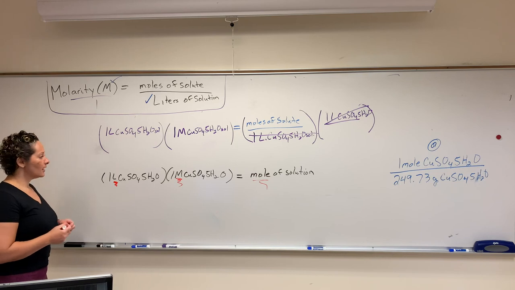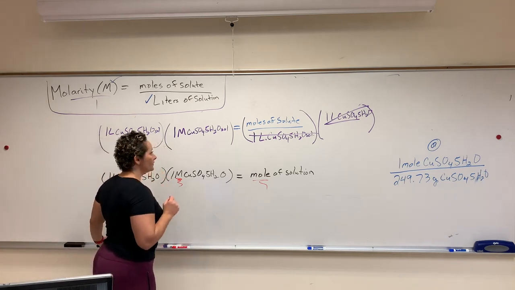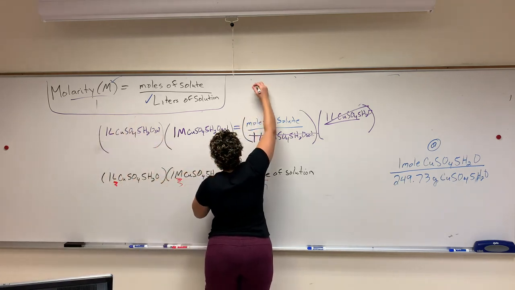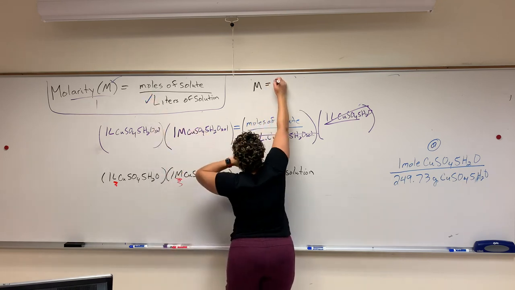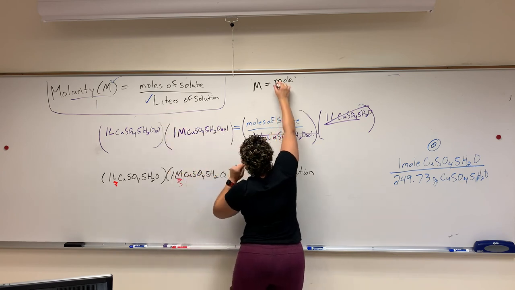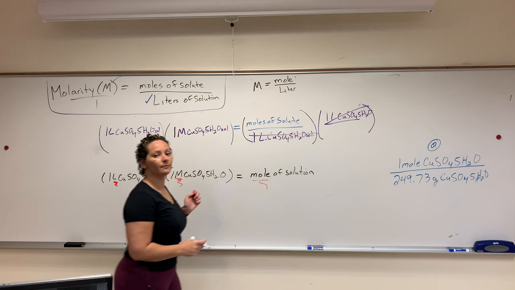But I want you to watch something. If you look at our original formula, molarity equals moles of solute per liters of solution. Look at how I shortened that up.